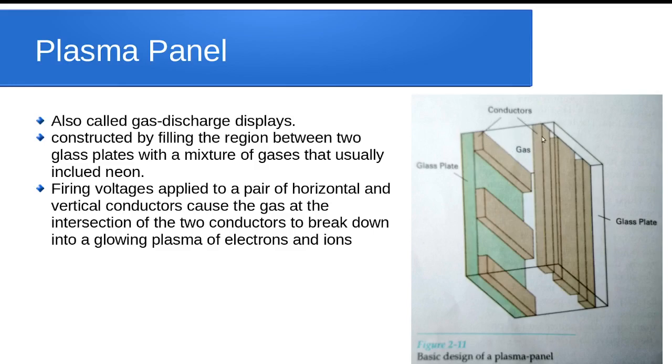The combination of these two conductors, where they intersect, forms one pixel. That is the position of one pixel. Where these two conductors intersect, the gas in between starts glowing. It breaks down into glowing plasma of electrons and ions, and it will be visible through the glass panel and generate this particular light.